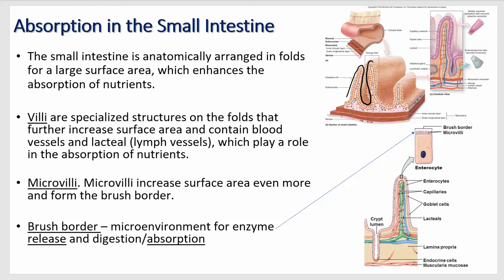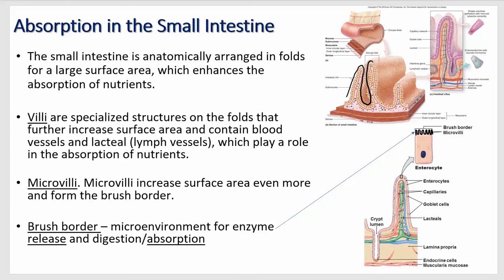But with the folds, that increases the surface area, and then on those folds, it actually has villi. So this is a villus here. That increases surface area too. So instead of just being straight across, you have all of this surface area. And then on those villi, you have microvilli, which further increase surface area.